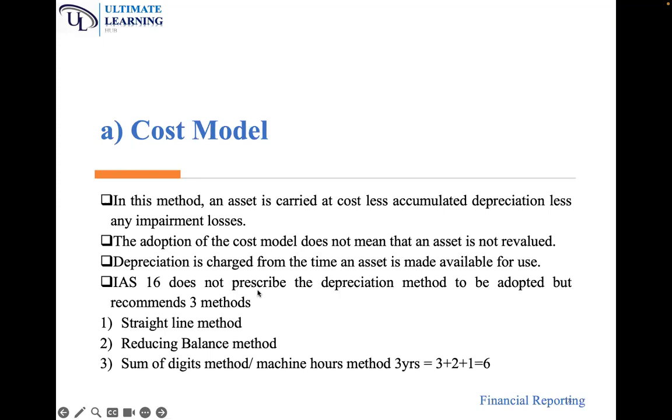Dismantling is a cost you incur once the life of the asset is over, to remove the asset from where it was, to dismantle, to break it down. If it's a house, to demolish the house, that is to dismantle. Removing is the cost you incur to remove whatever you have dismantled from the site. Restoration is to return the ground in the condition you found it. Can we please move on?